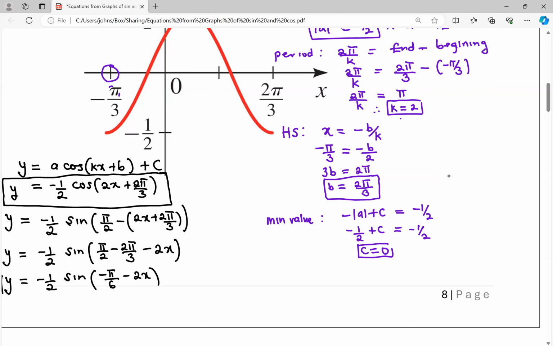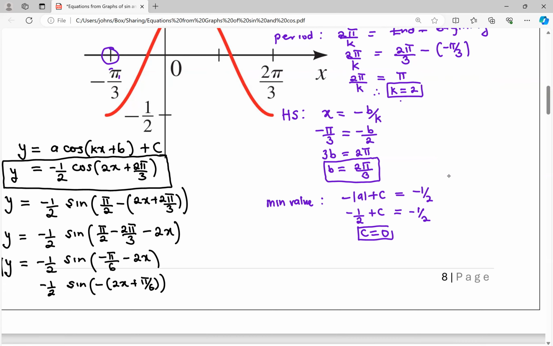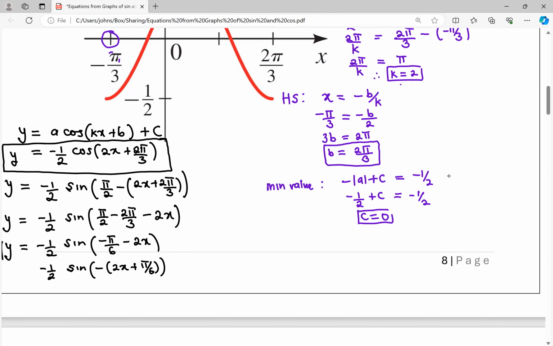Okay, so let's rewrite this better. This is minus half sine. Let's write the 2x first. This is minus 2x. So we can put a minus out so that this becomes just 2x plus pi over 6. And you see that? Yeah, we just factor out minus. And now that we factor out minus, we can still use the fact that sine is odd. So if sine is odd, it means that this negative will go out. So if it goes out, it will cancel this negative here.